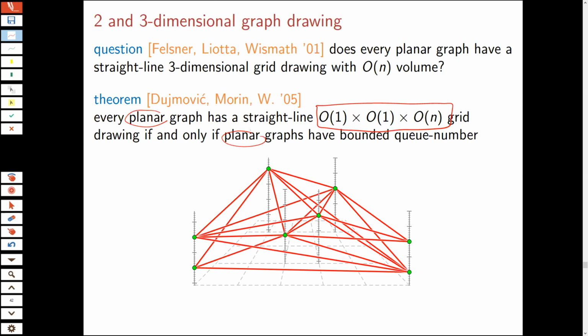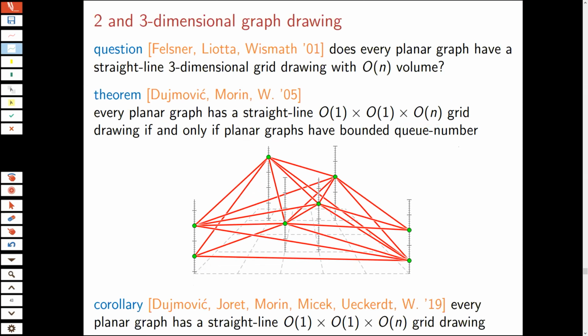You can actually write much more general classes here. But now, we know that the second condition in the theorem is true. Planar graphs do have bounded queue number. So the conclusion is that every n-vertex planar graph has a straight-line, constant by constant by linear grid drawing. And it was this question that actually motivated me to first look at planar graphs. So I'm very satisfied to see that this has been solved.